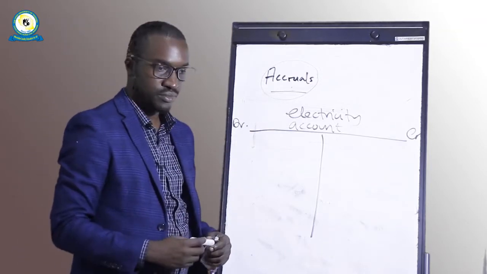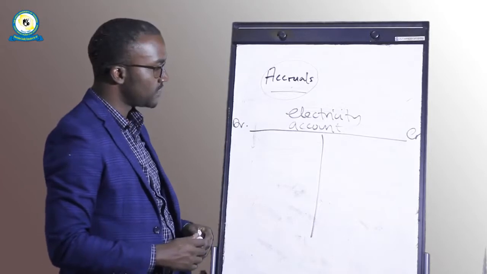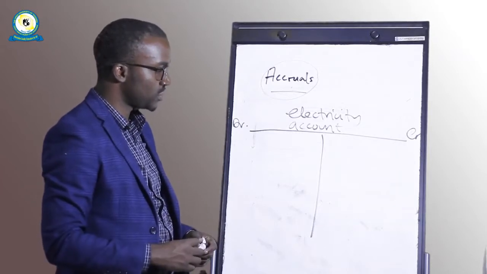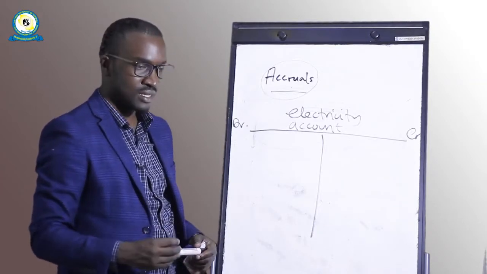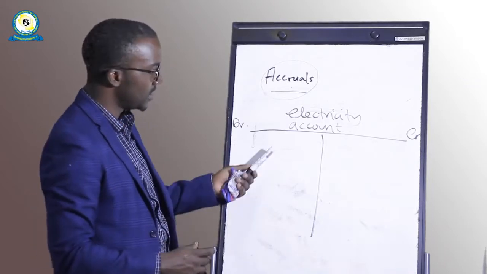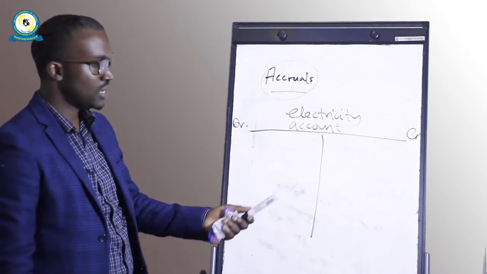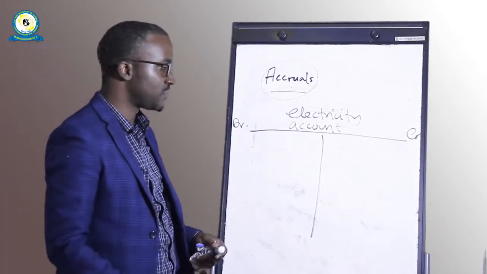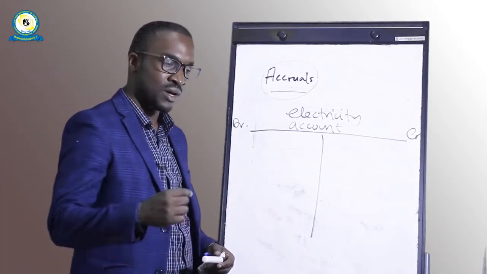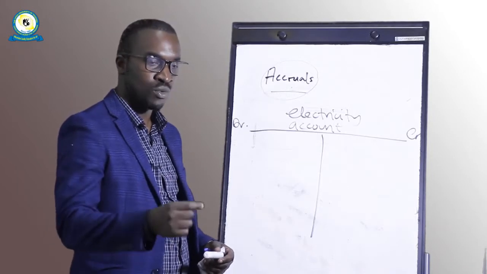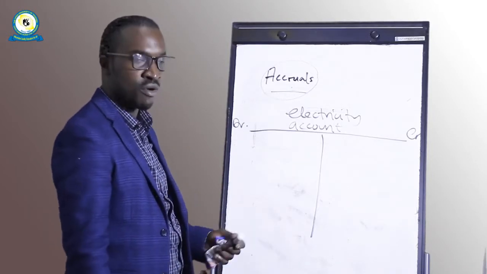So you see, at the start of the year, 1st of January 2020, the balance b/d, because you see now electricity account is an expense account, it has a nature of debit, but now since by the start of the year, there was an amount owed of 400.